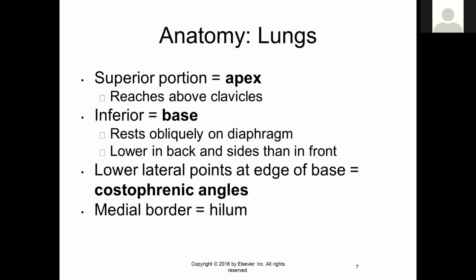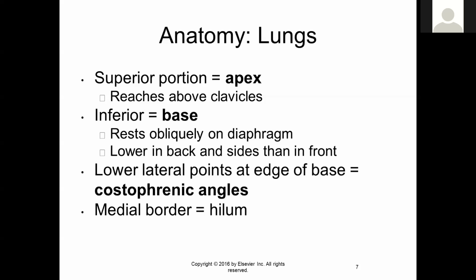Another crucial point for chest x-ray is known as the costophrenic angles. We'll see images, and I will point these out for you. Costo means rib, phrenic refers to the diaphragm. So this is the point at which ribs and diaphragm meet. You will notice a sharp point on a chest x-ray where the lung border is.